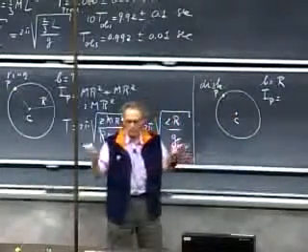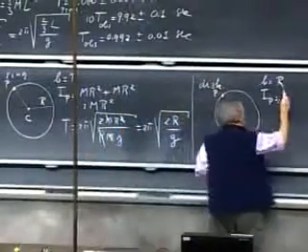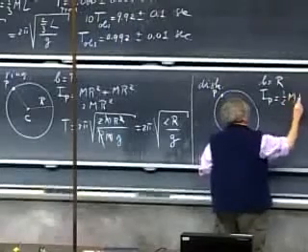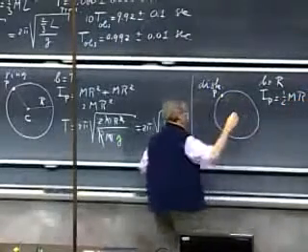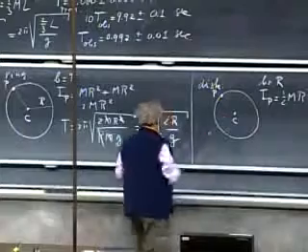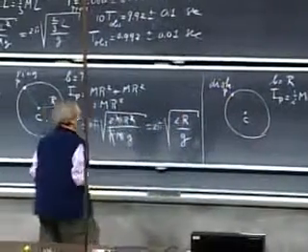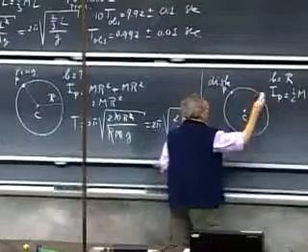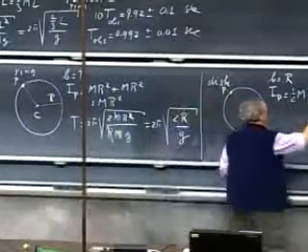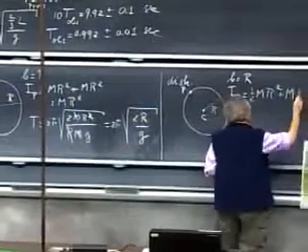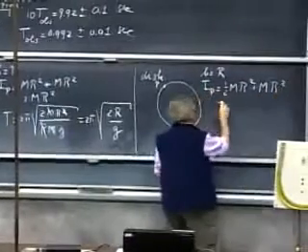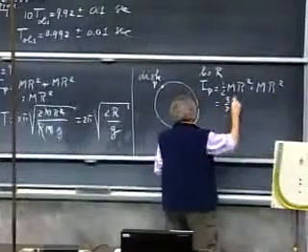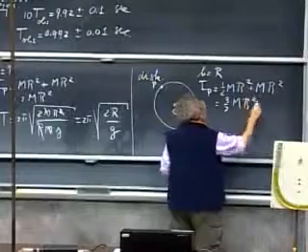In the case of your exam, it was given on the front cover, 1/2 mr squared. That's the moment of inertia for rotation about the center of mass. And now we have to add mb squared and b equals r, so we have to add mr squared. So we find 3/2 mr squared.